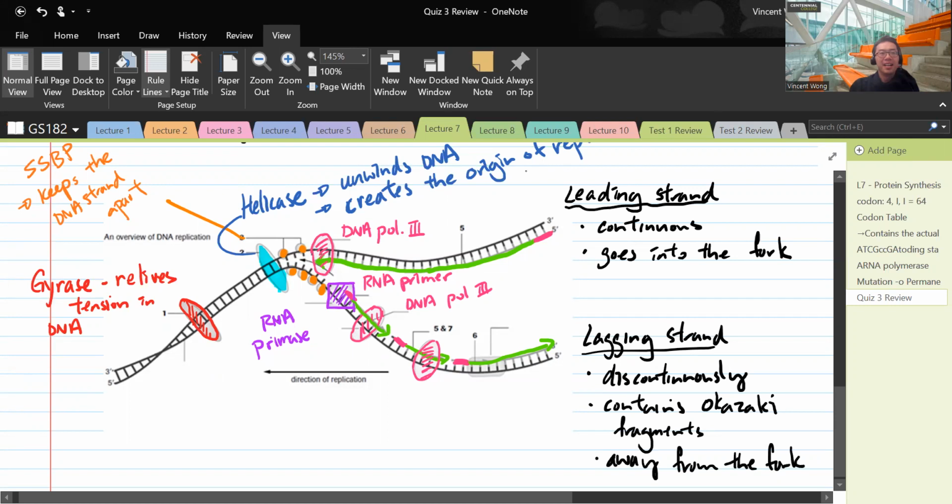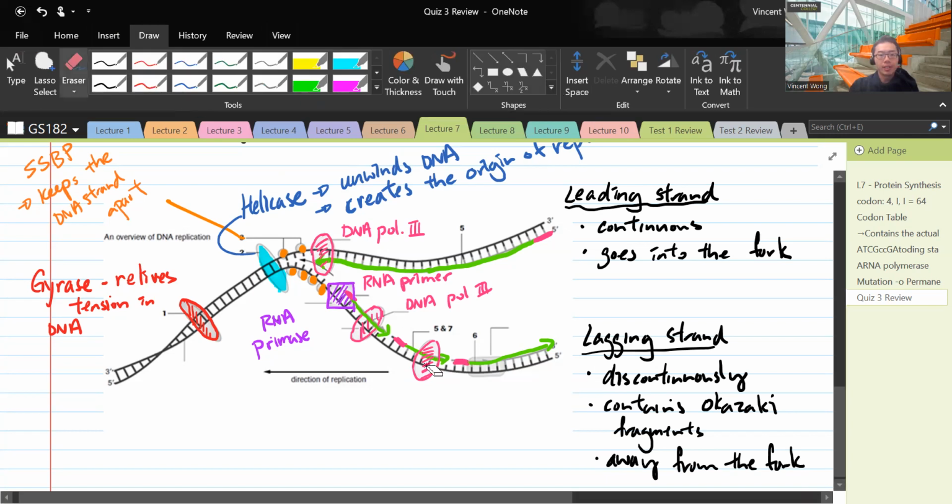Okay. All right. So at the end, when the DNA polymerase 3 approaches the primer, right? Remember, this is actually going to fall off and be replaced by DNA polymerase 1, right? Which will remove the primer.